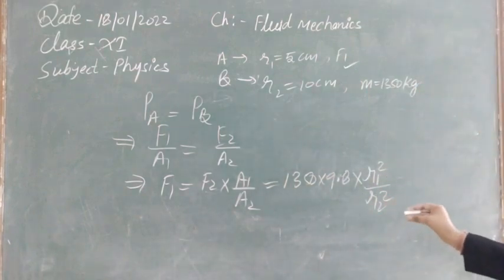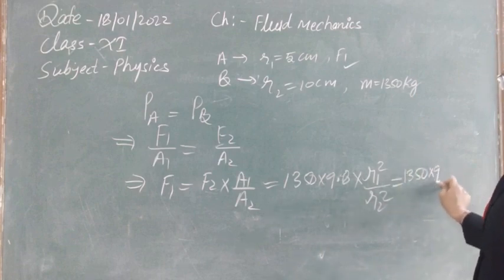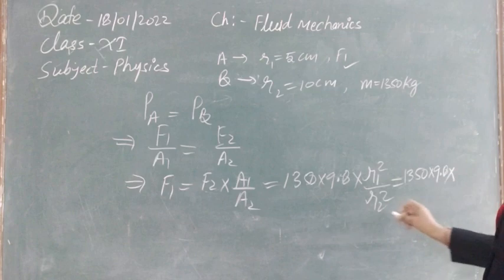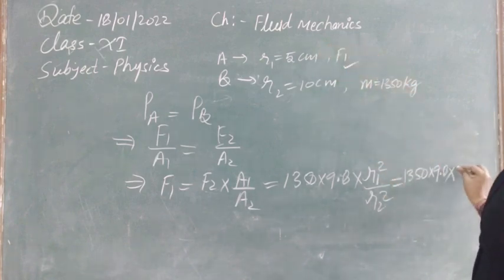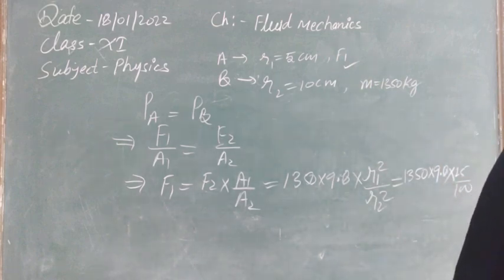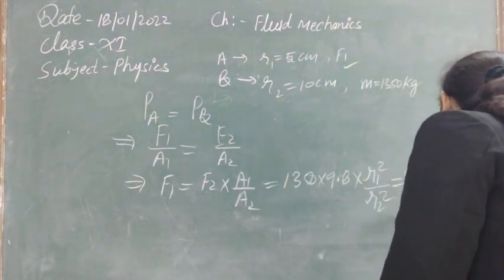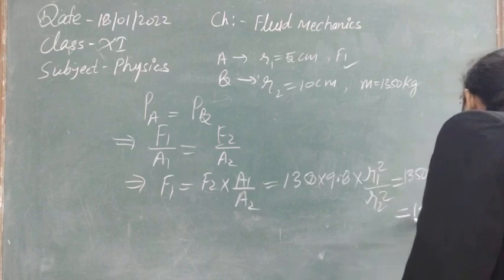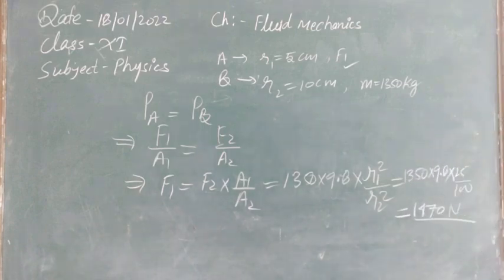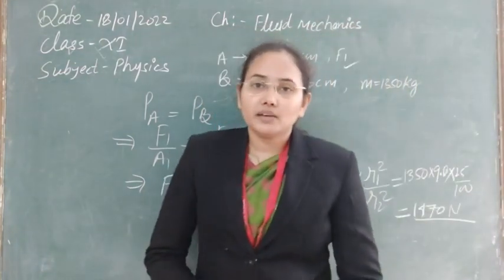Now we can put the values of r1 and r2 also. So this is 1350 into 9.8 into r1 square, this is 25, and r2 square will be 100. If we solve this one, then we can easily calculate the value of F1, that is obtained after solution to be 1470 Newton.